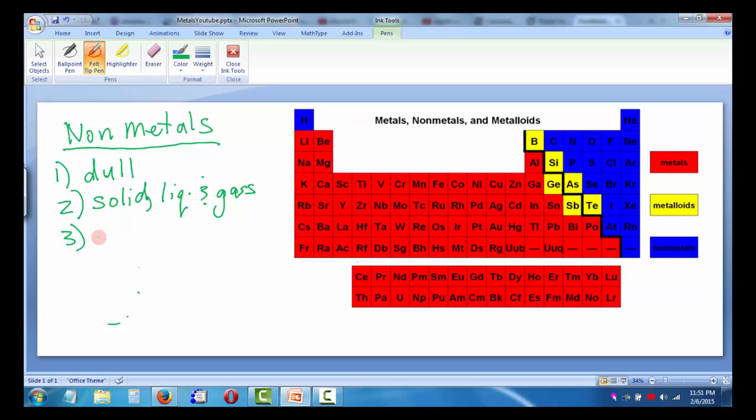And these nonmetals do not conduct heat or electricity, or they are poor conductors of heat and electricity.